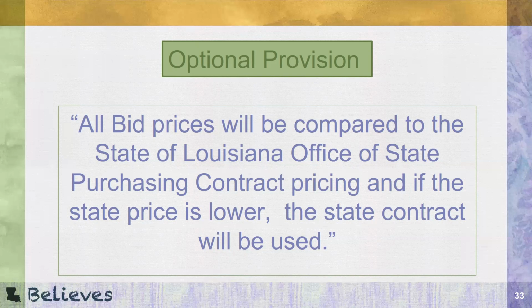This provision can also be used where the state of Louisiana has a number of what they call brand contracts. AutoChlor is one of those brand contracts. A lot of people want to use AutoChlor for leasing of machines, for servicing machines, and also for dish machine product. But the state AutoChlor contract is a brand contract, and the state of Louisiana allows for brand contracts, but USDA does not.